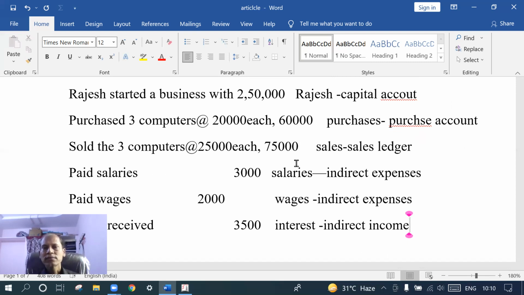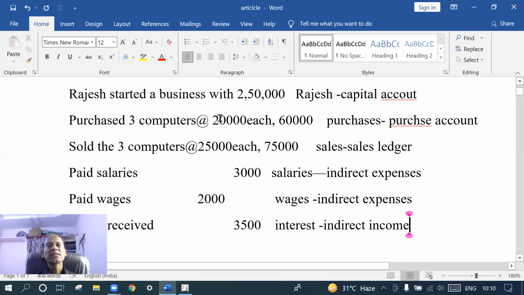Again, I am saying from the beginning that Rajesh is the owner, bringing the capital into the firm. The amount is 2,50,000. So Rajesh should be saved under the capital account ledger.